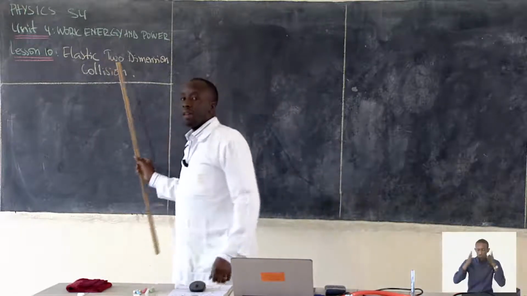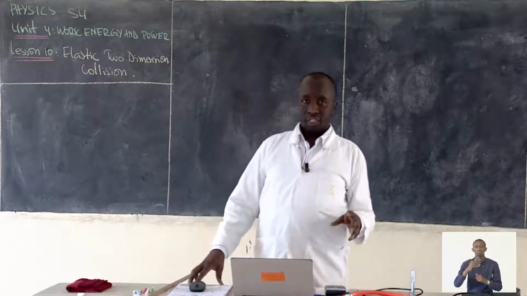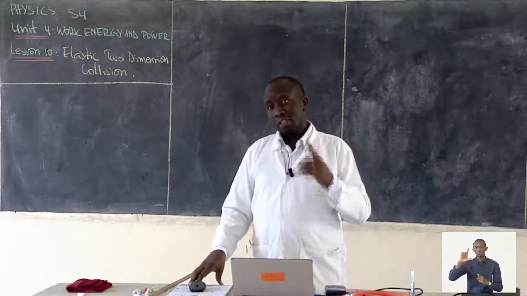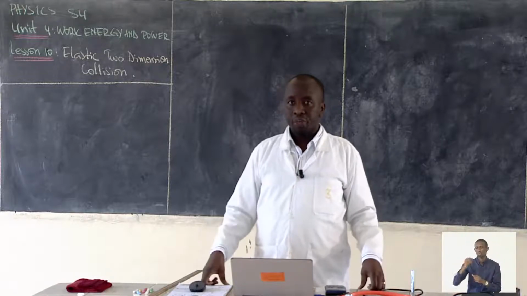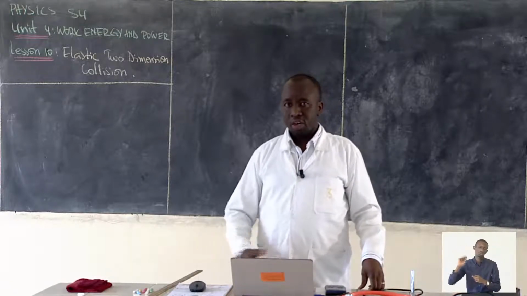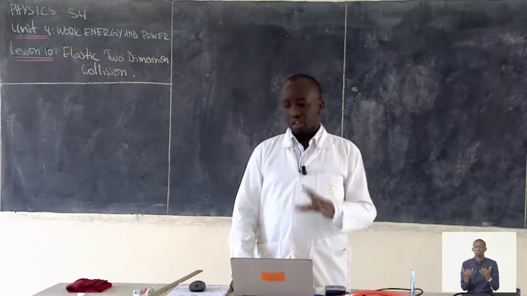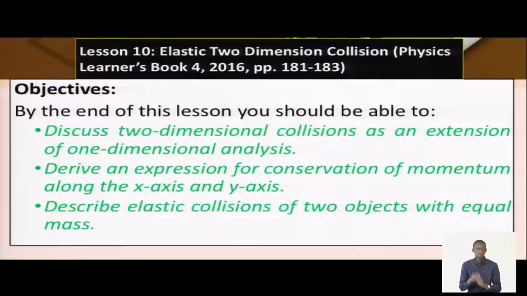As you remember, in the last lesson we were discussing elastic one-dimension collision, which means a collision in one dimension. But today, it is in 2 dimensions. Now, students, I want you to be able to discuss 2-dimensional collisions as an extension of 1-dimensional analysis.